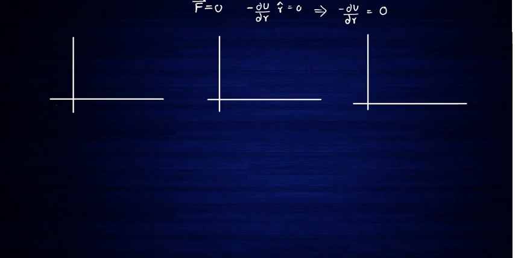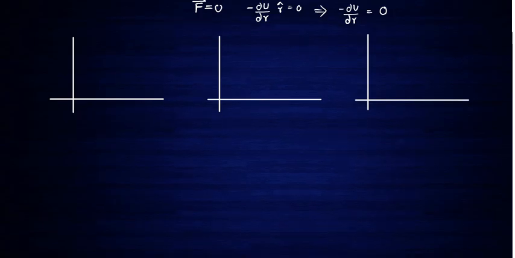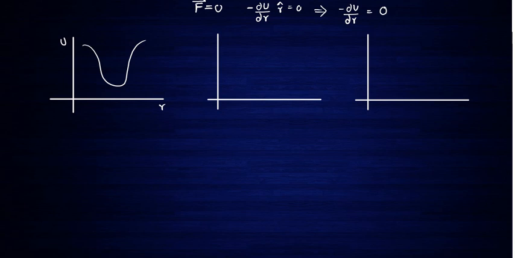I am drawing all three possibilities here. Alright, the first possibility is that the graph of u versus r is like this, like a valley. The second possibility is that it is like a peak, and the third possibility is that the graph is like this.